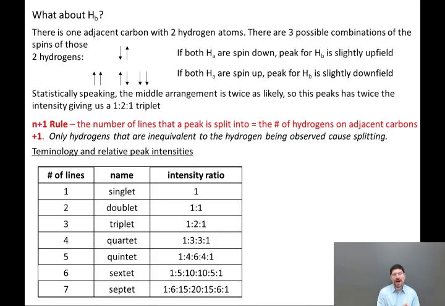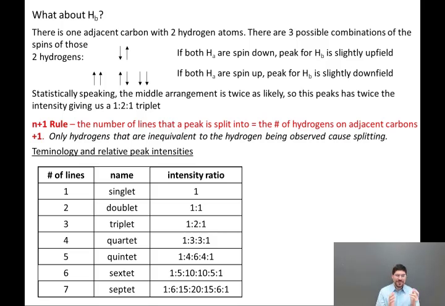If you have 2 lines, we call it a doublet, and in order to be a doublet, those 2 lines have to be in approximately equal intensity. That's when you have 1 hydrogen on the adjacent carbon. You get a singlet if you have no hydrogens on the adjacent carbon. So a doublet is when you have 1 hydrogen on the adjacent carbon, and the 2 lines are in a 1-to-1 ratio.